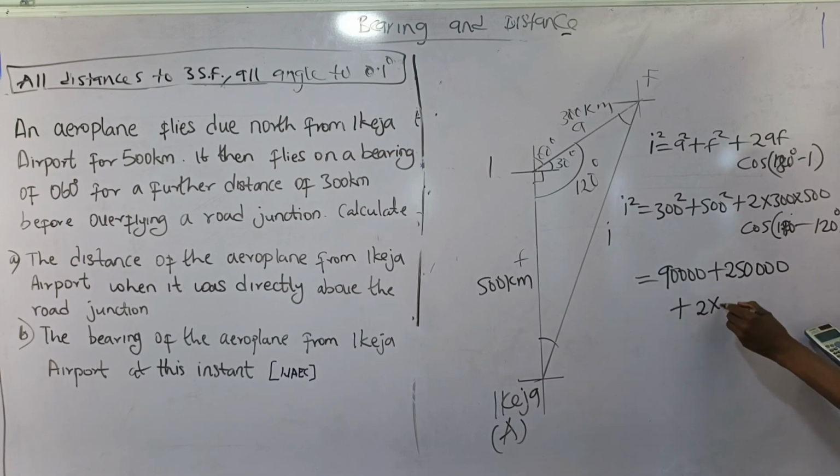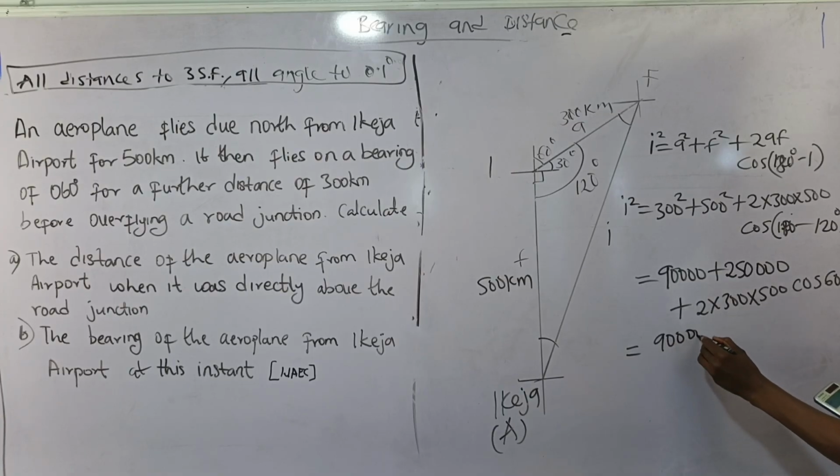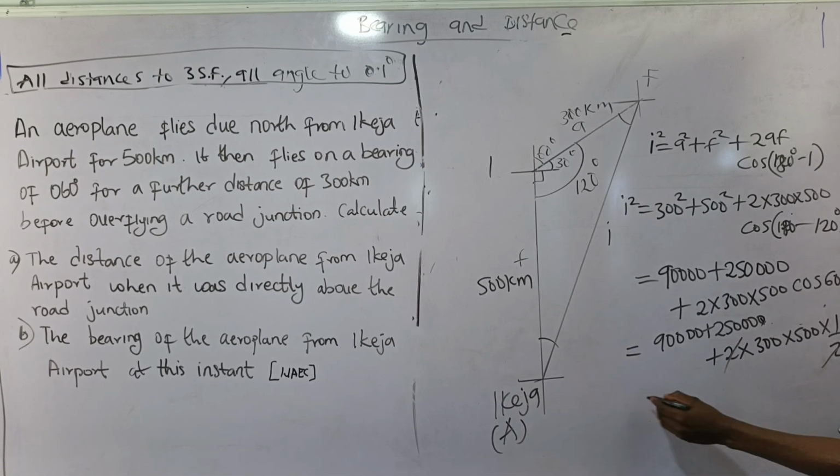Plus I have 2 times 300 times 500 times cos 60 degrees. So I have 90,000 plus 250,000 plus 2 times 300 times 500 times cos 60, which is 1/2, and the 2 can cancel 2.